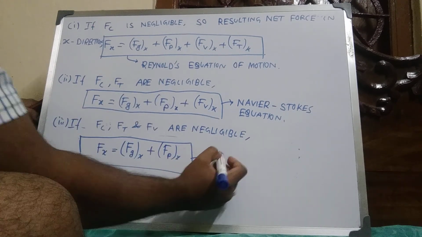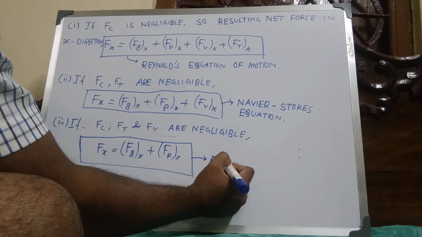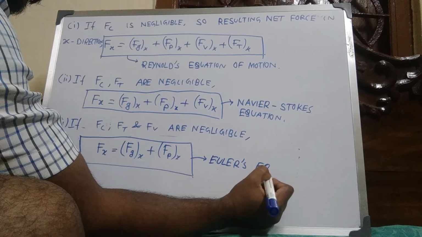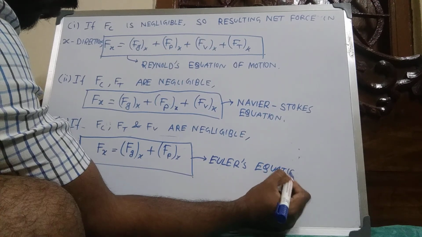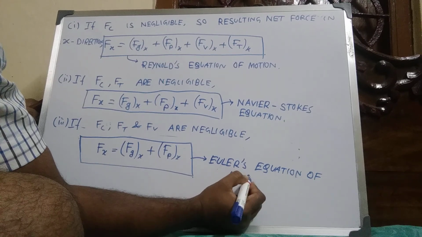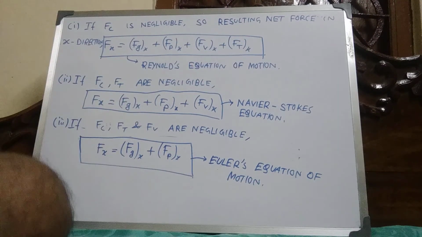This is called Euler's equation of motion. Understand?